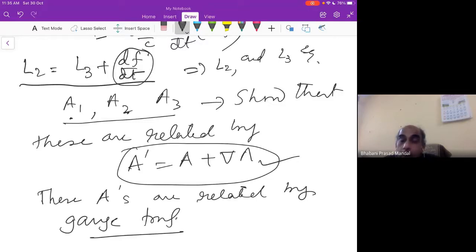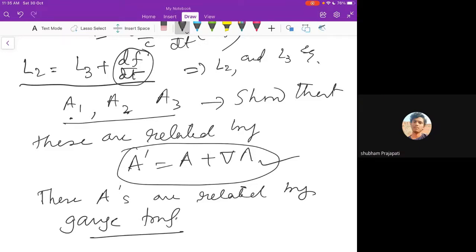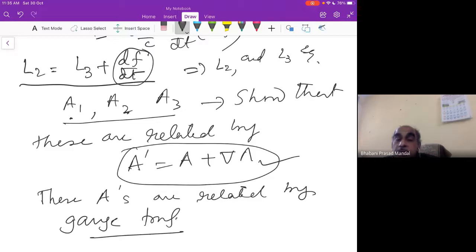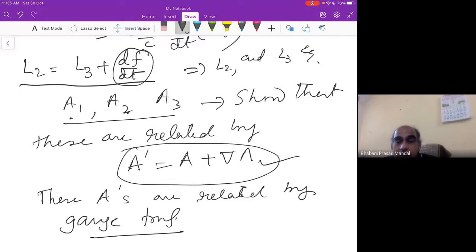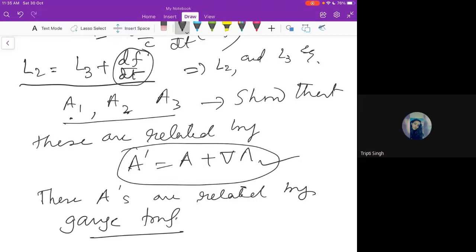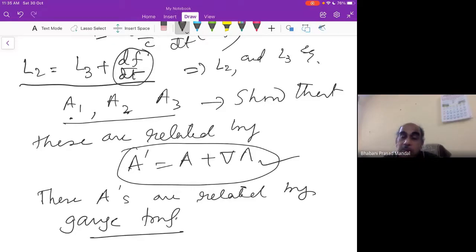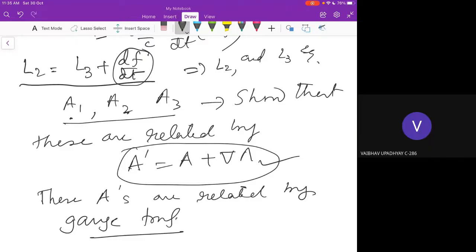Shruti, 146. Shubham Kumar, 090. Shubham Prajapati, PHY 093. Tripti Singh, tell your roll number. PHY 102. Vaibhav Upadhyay, 104.